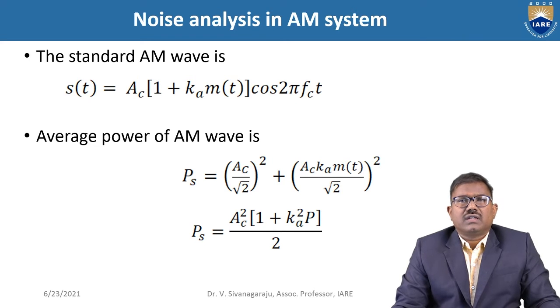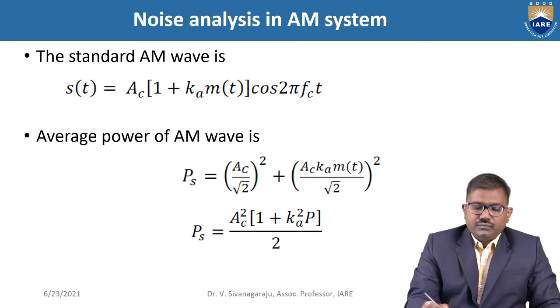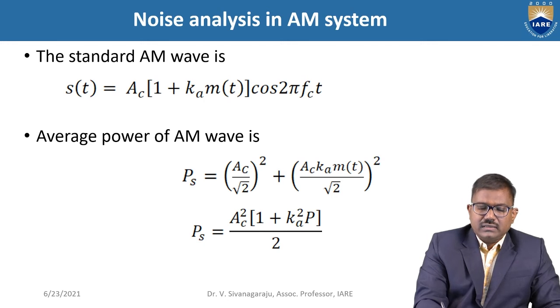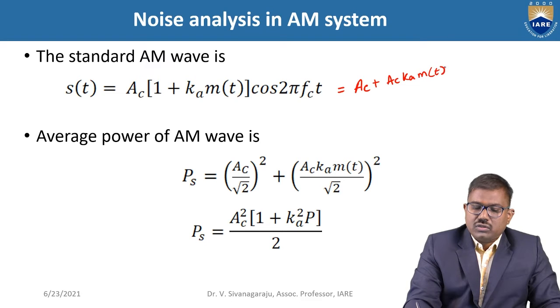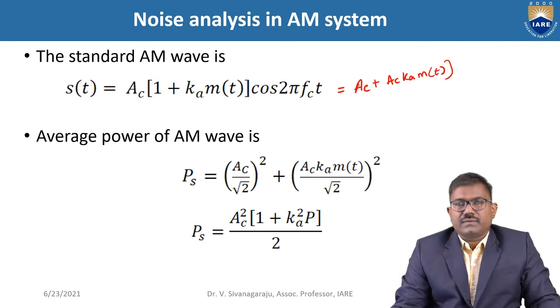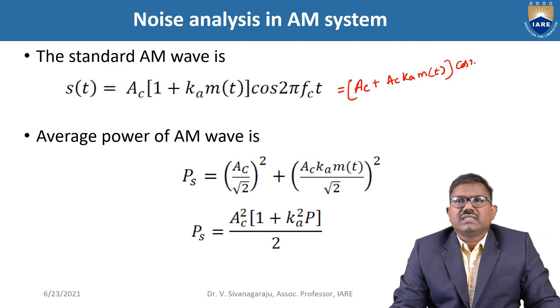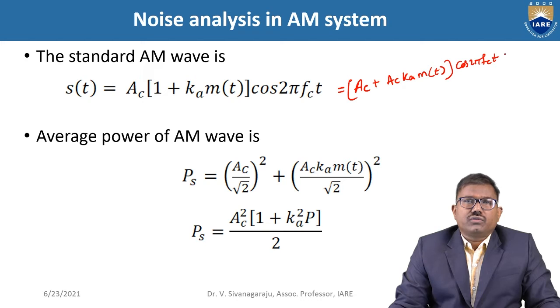So how this is coming: you can expand this one, you get AC plus AC Ka m of t into cos 2 pi fct. We know that AC is carrier amplitude.